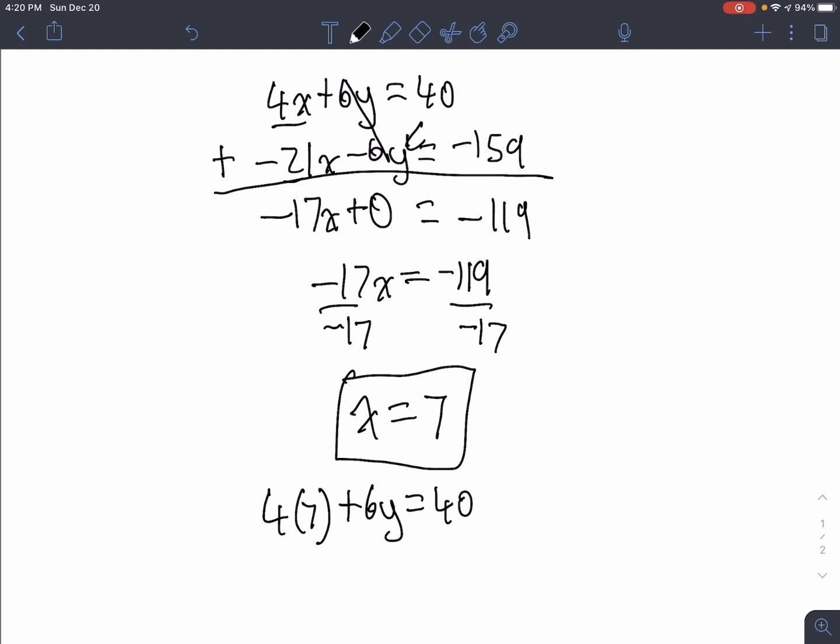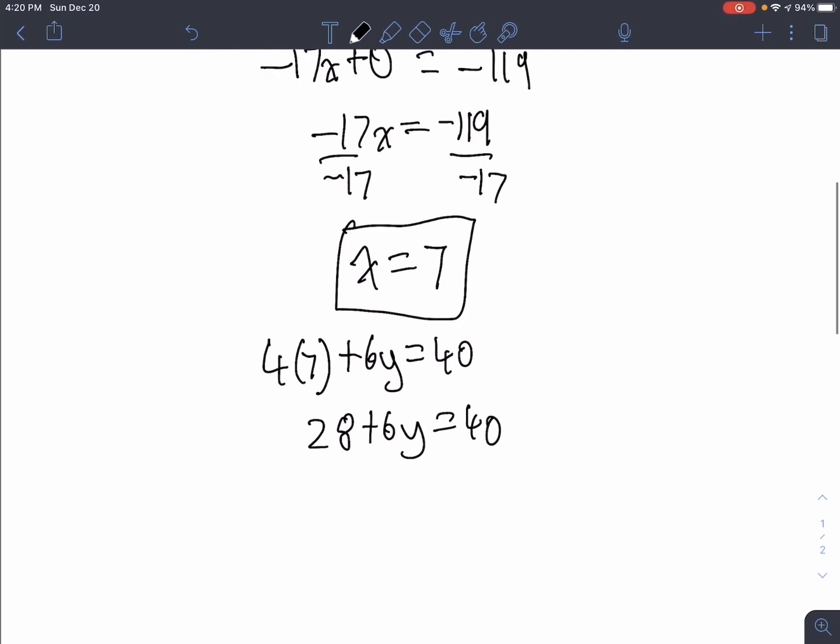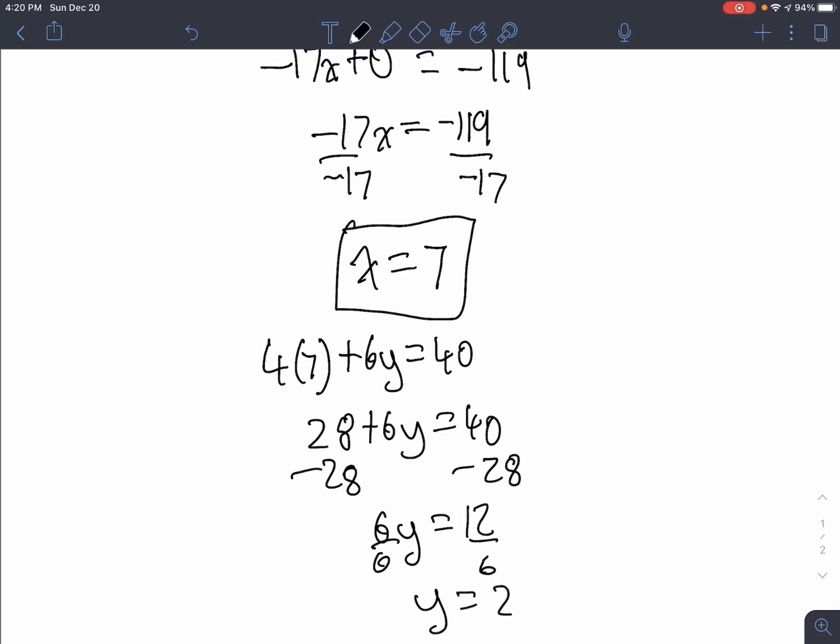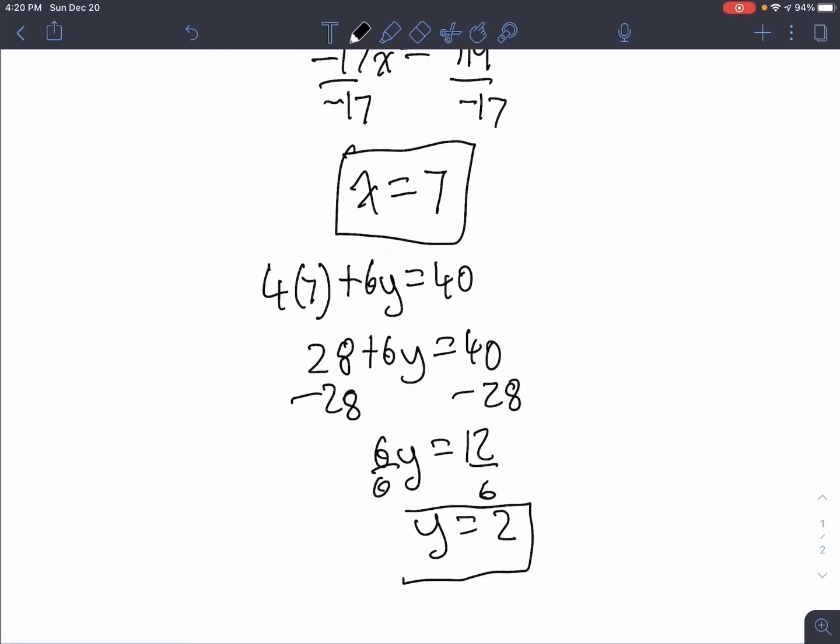So 4 times 7 simplifies to 28 plus 6y equals 40. And then you subtract 28 from both sides to get 6y equals 12. Then we divide both sides by 6 to get y equals 2. Now we are done. x equals 7 and y equals 2.